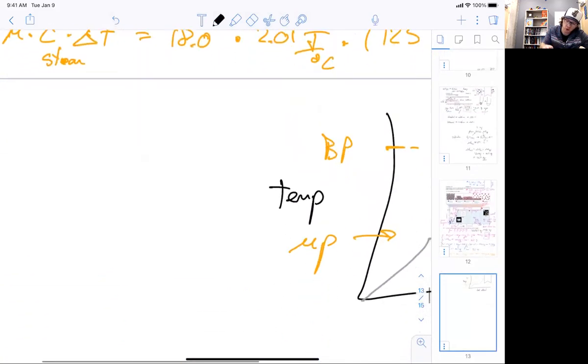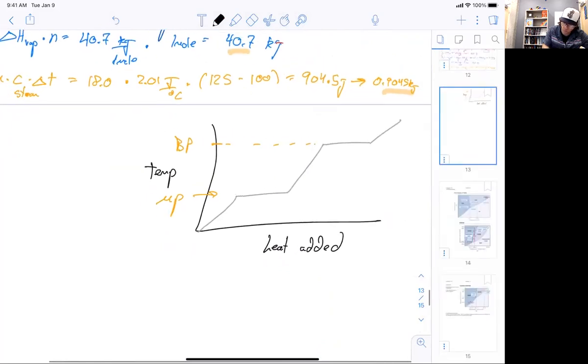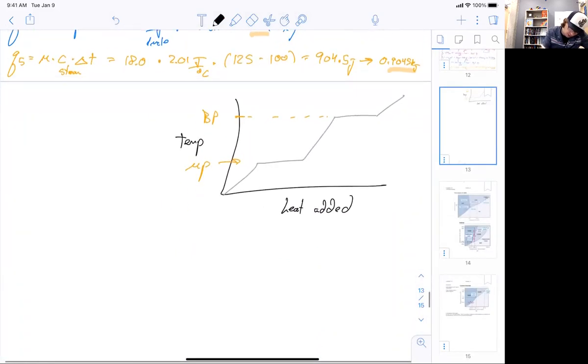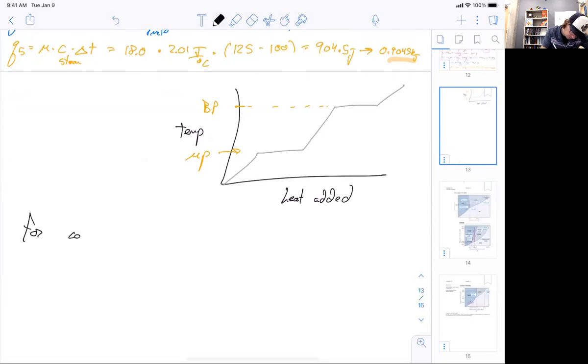So that would mean you need a Q1, a Q2, and a Q3. Each one should be negative, right? So that's another thing here: for cooling, each Q should be negative. That means you're removing the heat from the object.